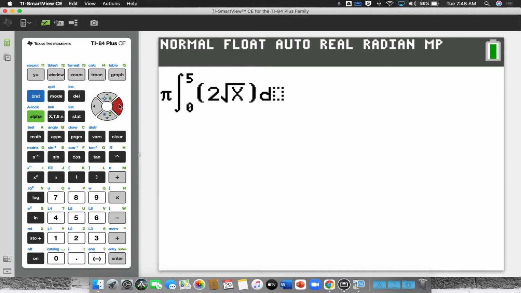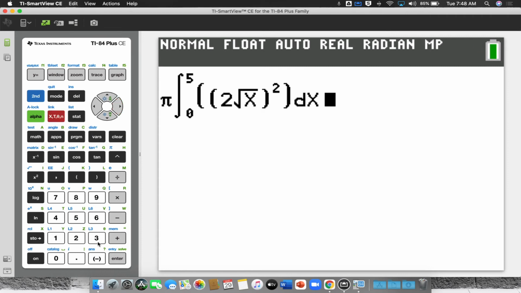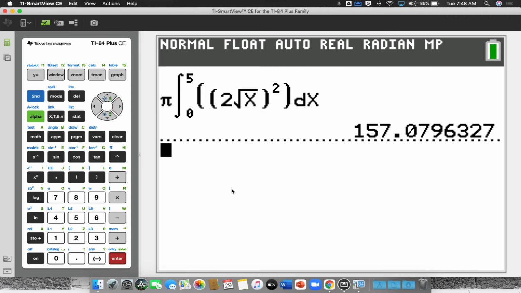The only thing here is that you're going to need to put a squared because it's squared, so you have to insert other parentheses. And then square it. dx, which is the same as 50 times pi.